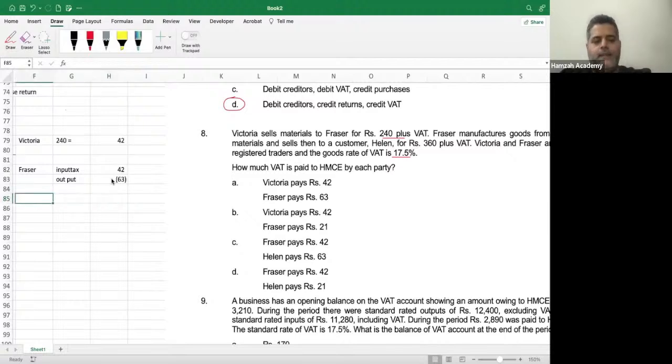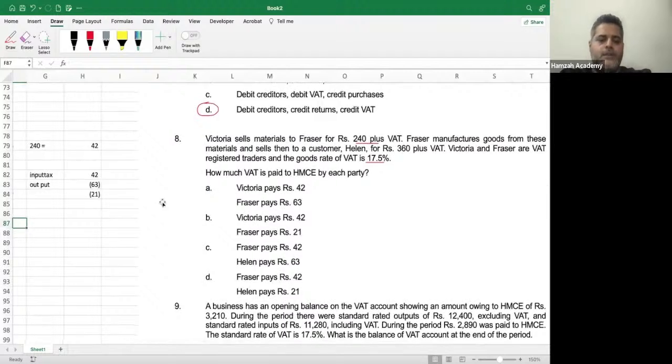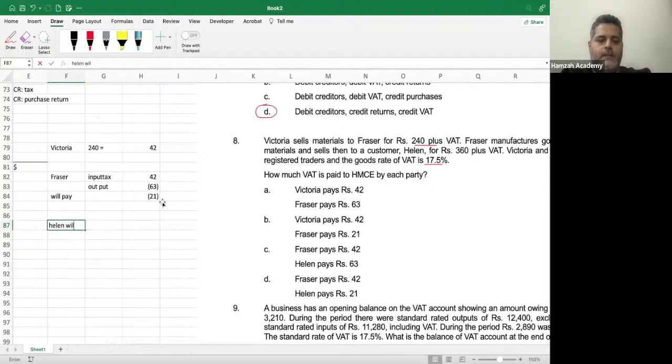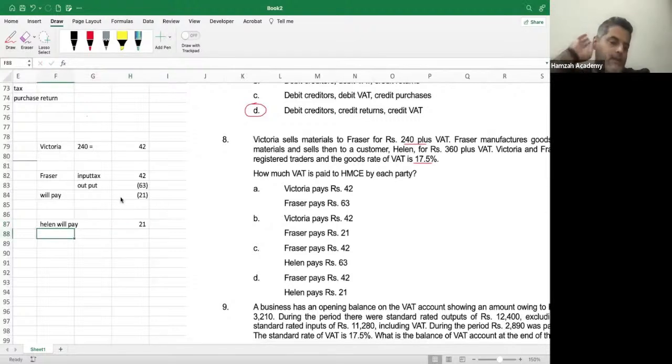So net, he will pay 21. So Victoria has to pay 42, Fraser has to pay 21, and Helen, who bought the goods, will pay this 21. This is what Helen eventually has to pay.